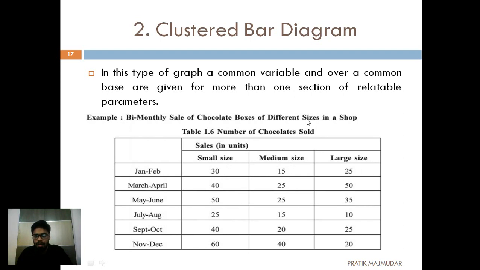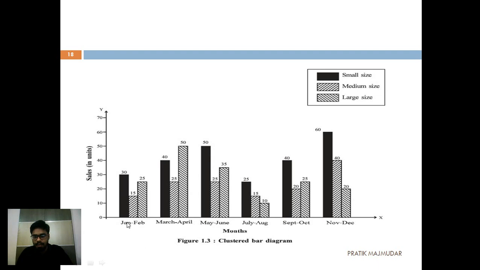So we can show this parameter like this. For January to February, the small size is 30, medium size is 15 and large size is 25. In an examination, for a 5 marks question, they can also ask you to analyze the particular chart.